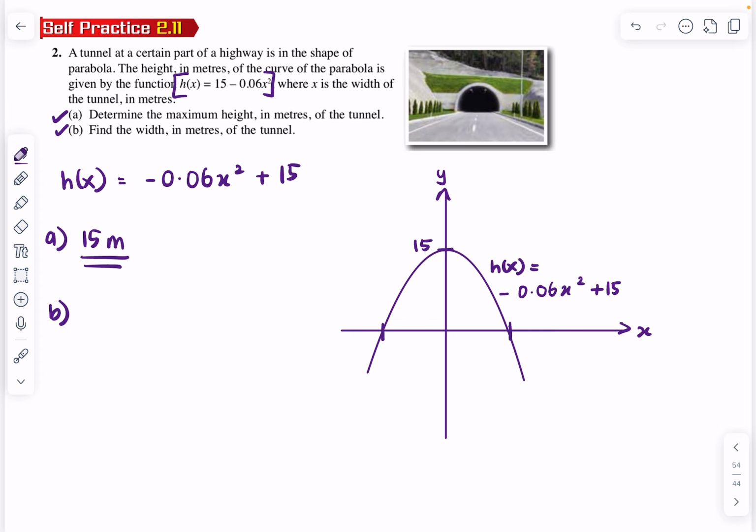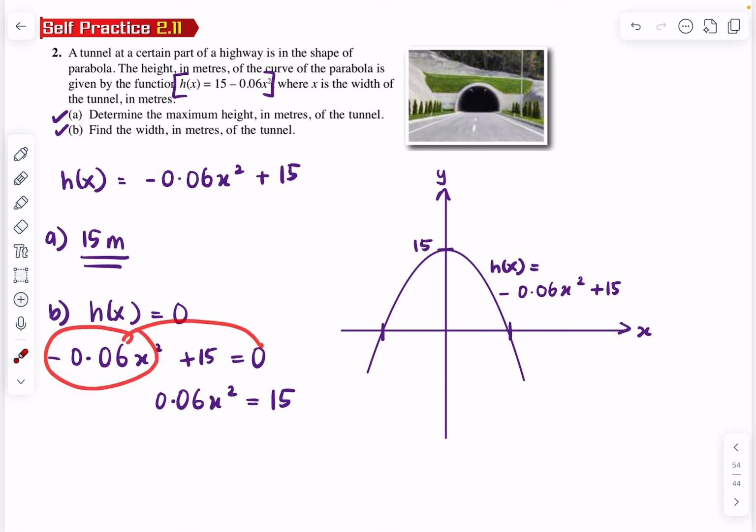So we need to find the roots first. To find the roots, we need to factorize this equation. So to find the roots, h(x) must equal 0. So negative 0.06 x square plus 15 equals 0. We make x square the subject here, equals 15. I brought this over, so it becomes positive.